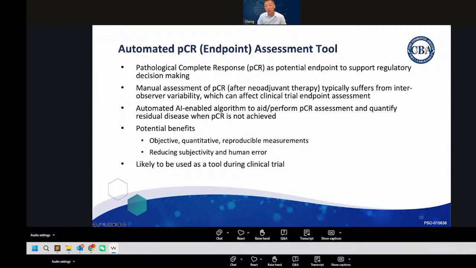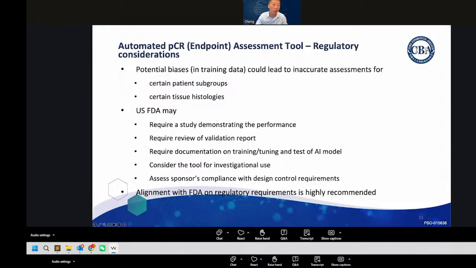For non-pCR cases that still have residual disease, it can provide an estimate of the remaining cancer cells. As you can see, the algorithm can provide an objective review that is also quantitative and very reproducible, and can enhance efficiency during the trial. But normally such a tool is used only during the clinical trial, so there are certain regulatory considerations for that case.